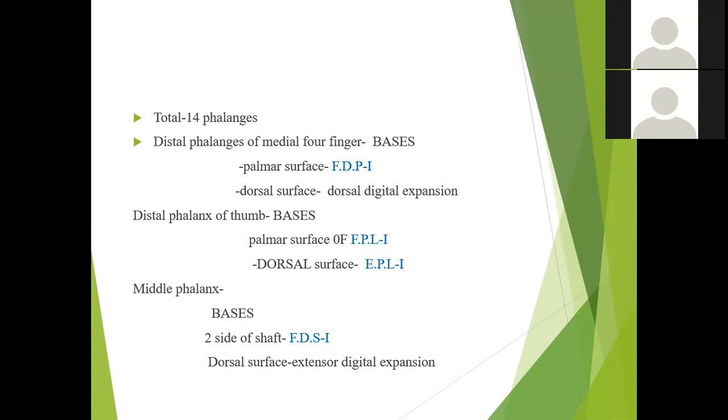So flexor digitorum superficialis is inserted in the middle phalanx, and flexor digitorum profundus is inserted in the distal phalanx. And again, the dorsal surface gives insertion for the extensor digital expansion. The extensor digital expansion is attached to the dorsal surface of the middle phalanx.